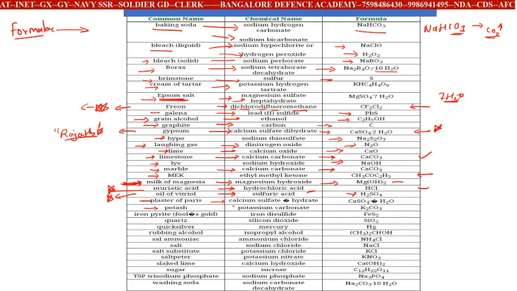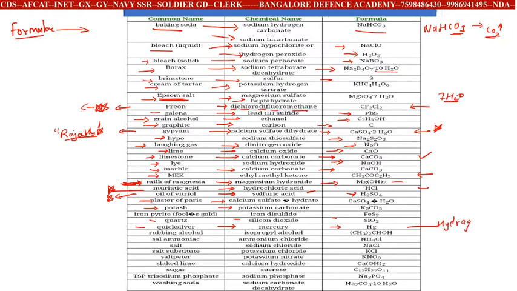Next you have potash, that is potassium carbonate, K2CO3. Next you have iron pyrite, that is iron disulfide, FeS2. Quartz is nothing but silicon dioxide, SiO2. Quicksilver, that is mercury, denoted as Hg. It is also known as hydrargyrum.